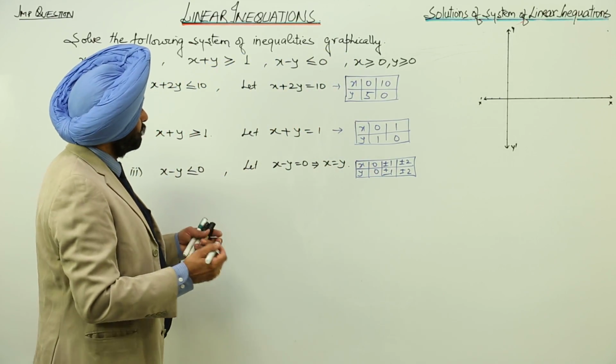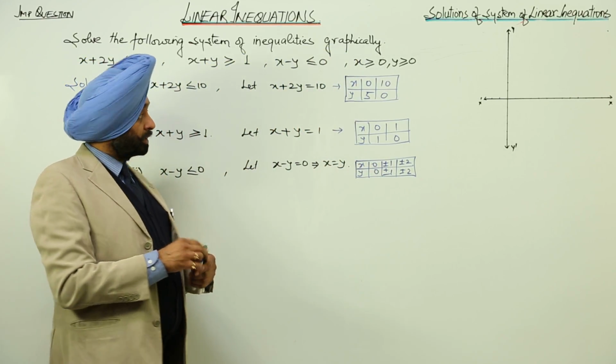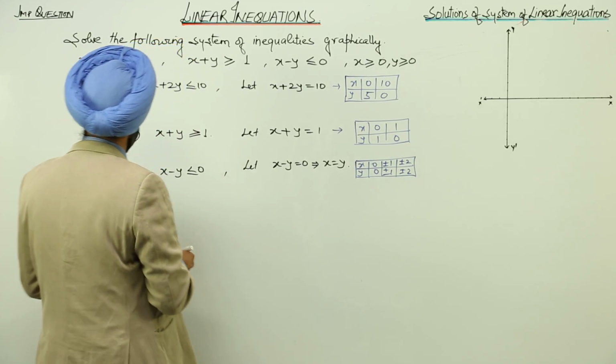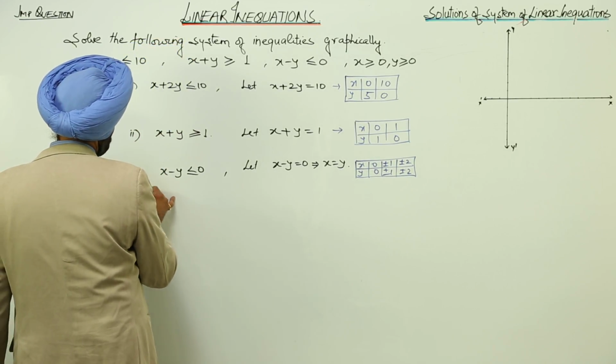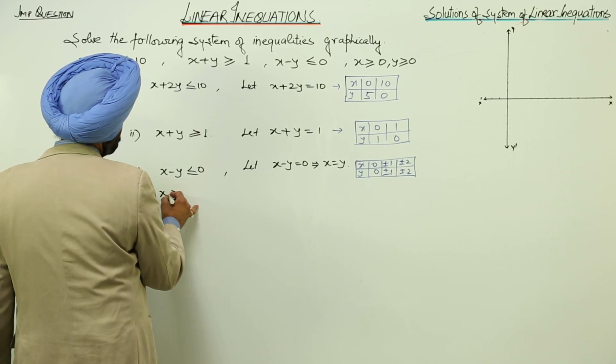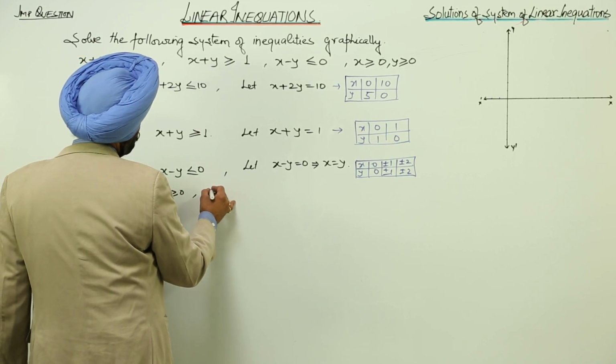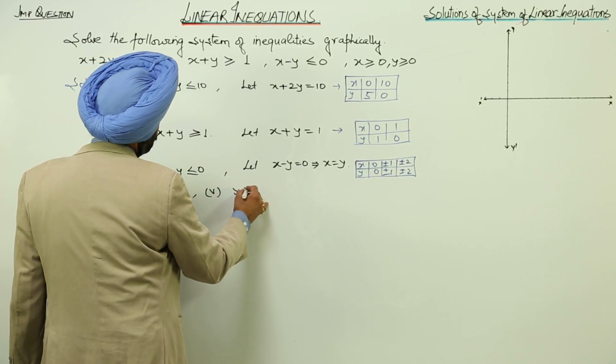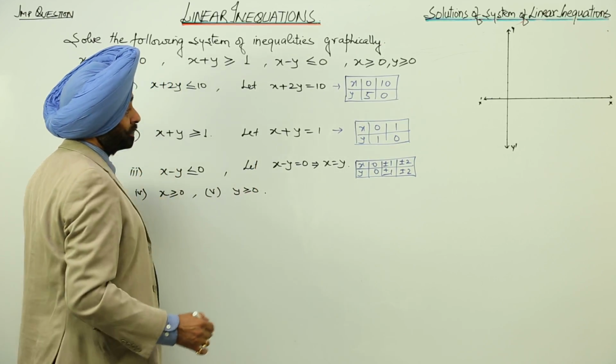Okay, and x comma y greater than or equal to 0. Fourth, x is greater than or equal to 0, and fifth, y is greater than or equal to 0. So these are the 5 constraints.